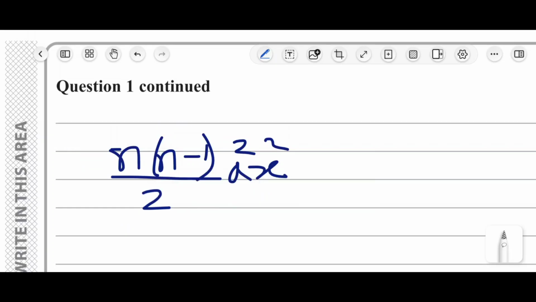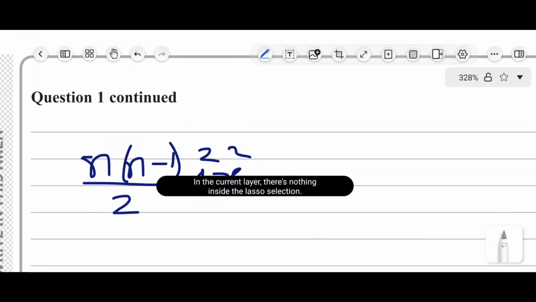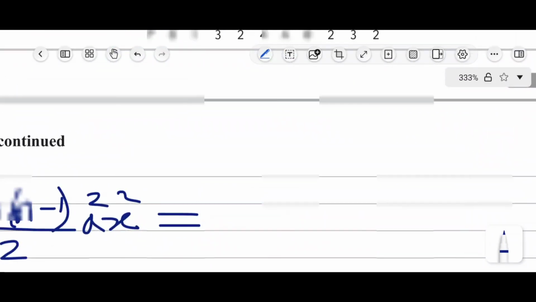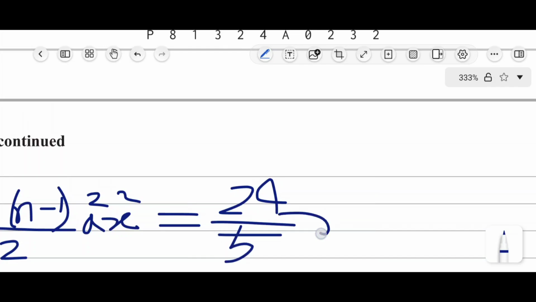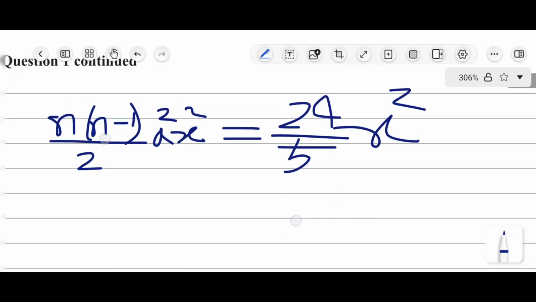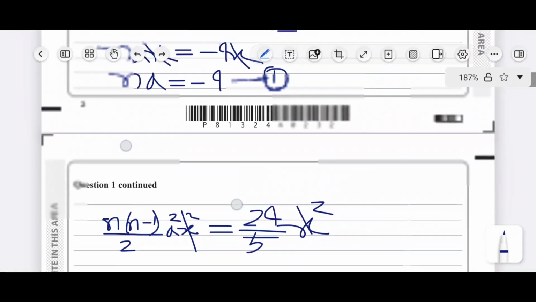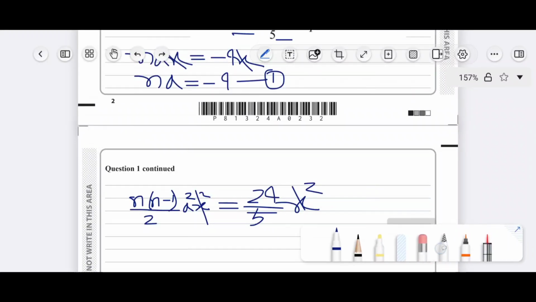Okay, now I have to compare this with this, 24 by 5 x squared. So now here I'll cancel the x and x here. I'll cancel the x and x here, and this a part I'll put this one.